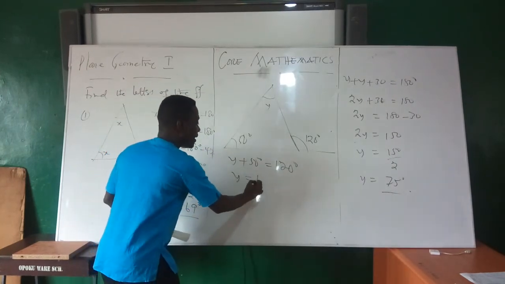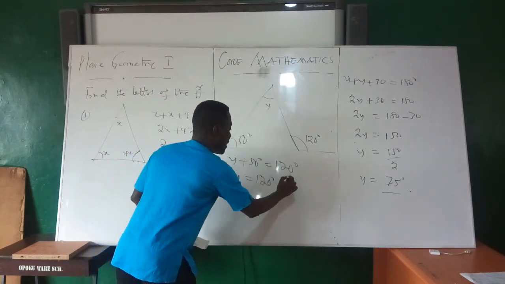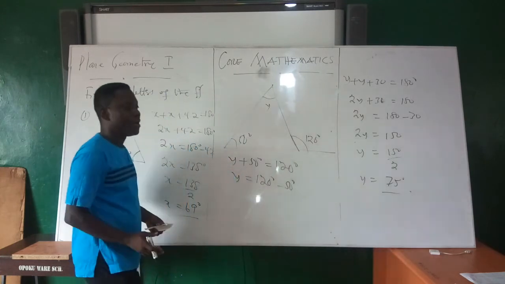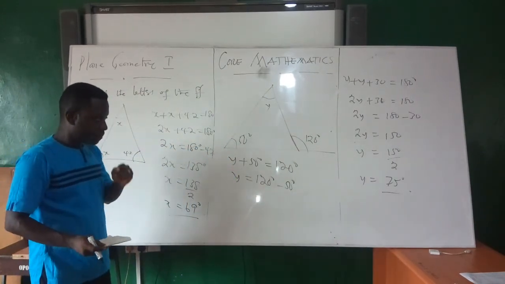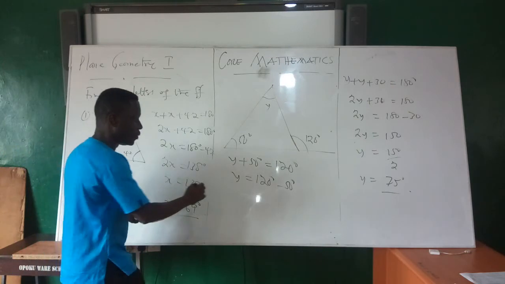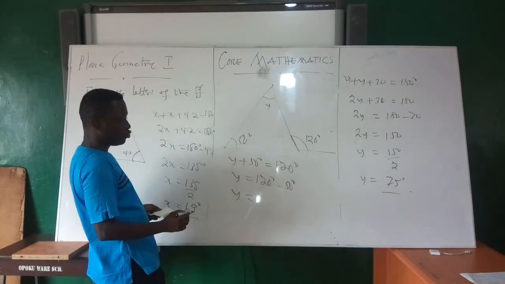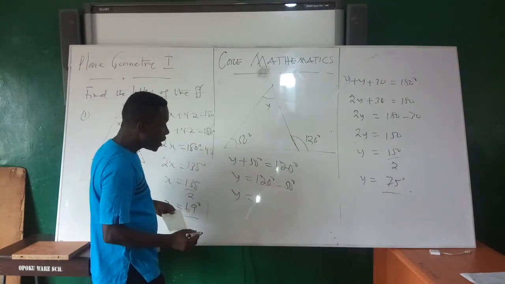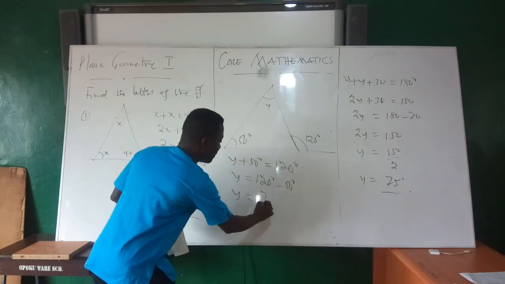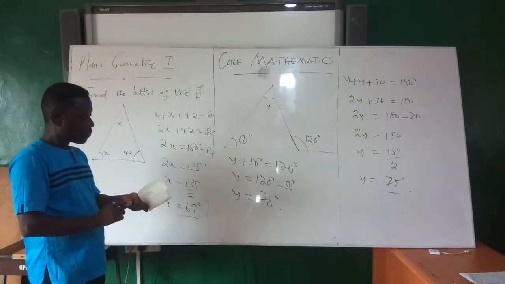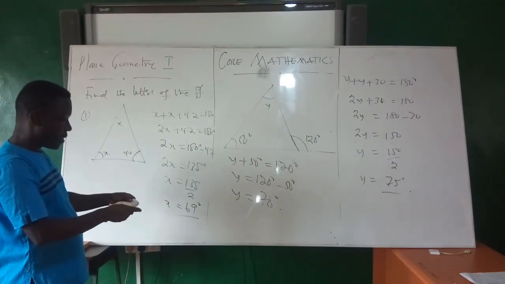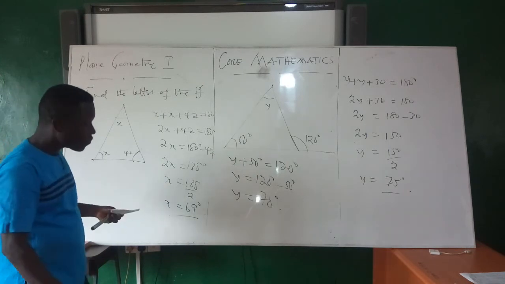So that your y is equal to 120 minus 50. You remember the last general property I gave you. So that y is equal to 120 minus 50, that is 70 degrees. Right, so that is about there.